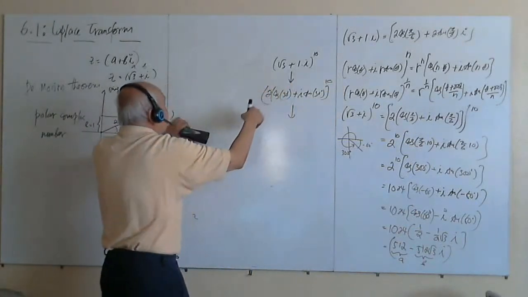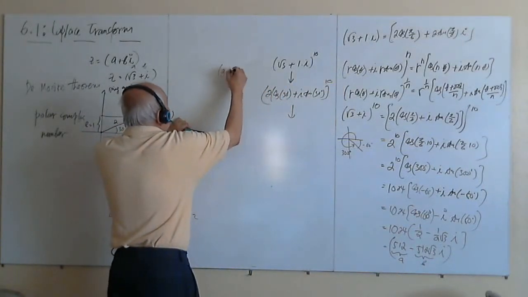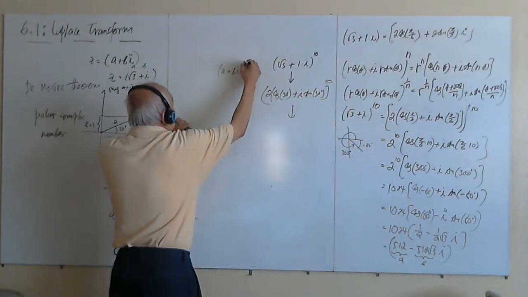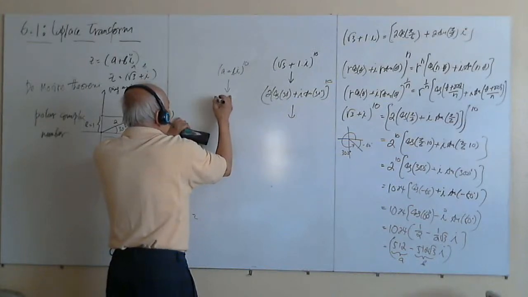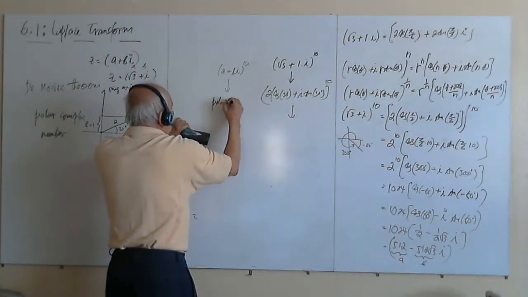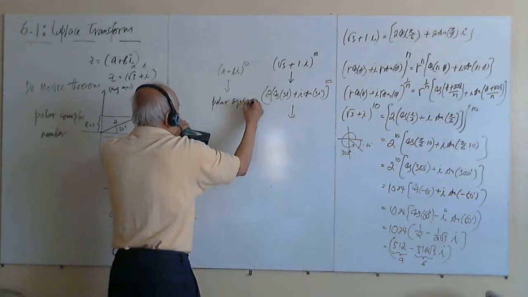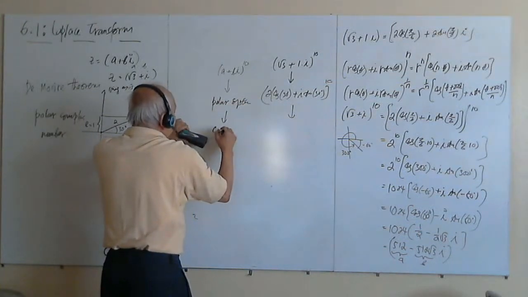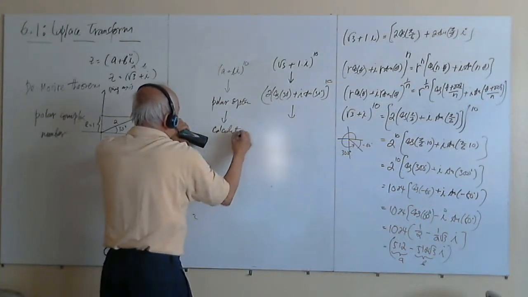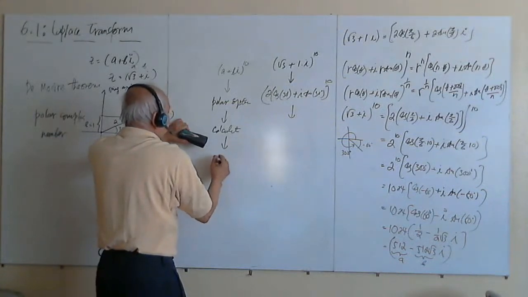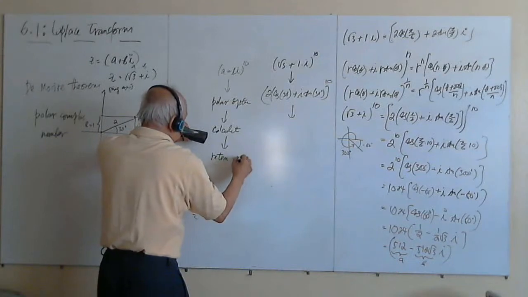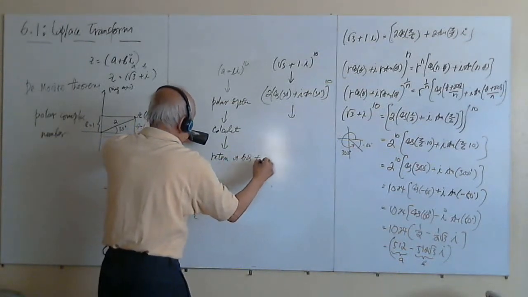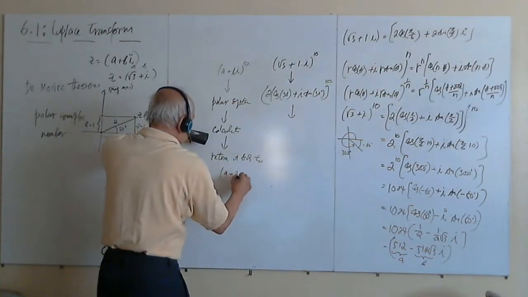So in general terms, I get (a plus bi) to the 10. So it's going to be equal to, and then we have to convert into the polar system, go ahead and calculate, and after that you get the result, and the result is returned back to a plus bi.